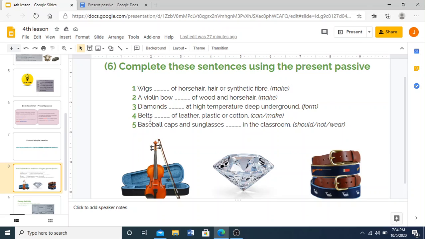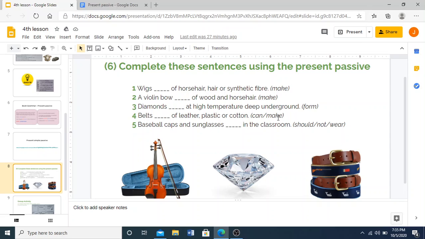Okay, belt, remember we said we can use some verbs with these passive sentences sometimes. And these are the last two examples. This last two belong in that category. So therefore, this will be belts can be made.